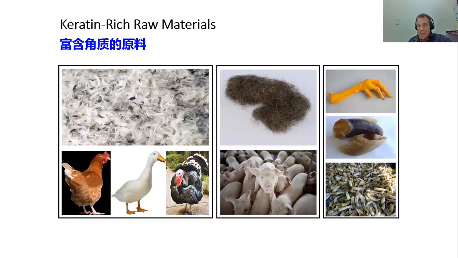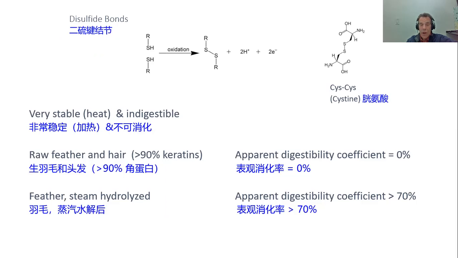Feathers, beaks, claws, and all this are important raw material for the rendering industry. A lot of it is transformed into feather meal. Feathers, but also hog hair, can be transformed into feather meals and mixtures like this. They're an important resource and very high in protein. So there's great interest in using these raw materials to produce feedstuff.